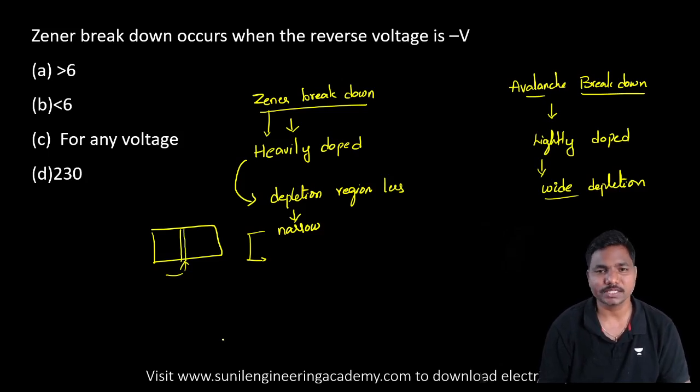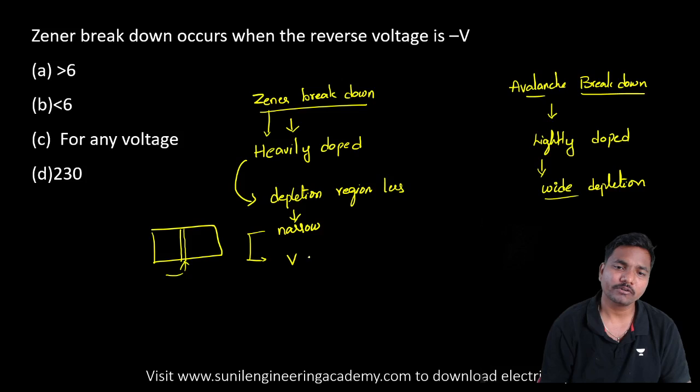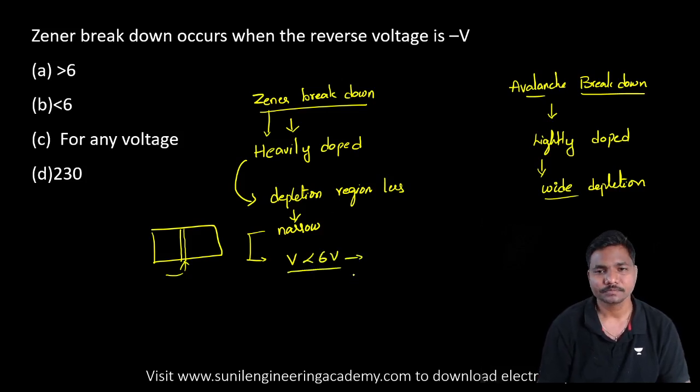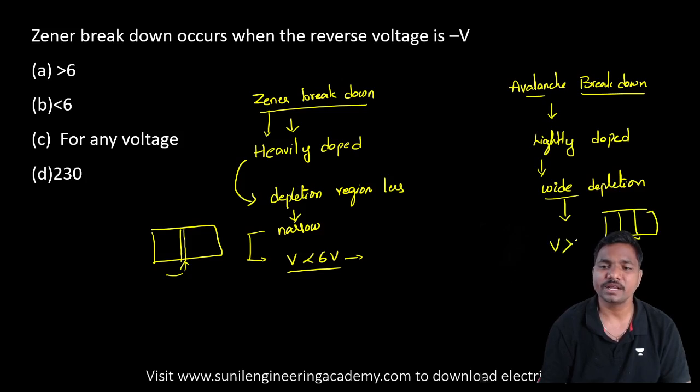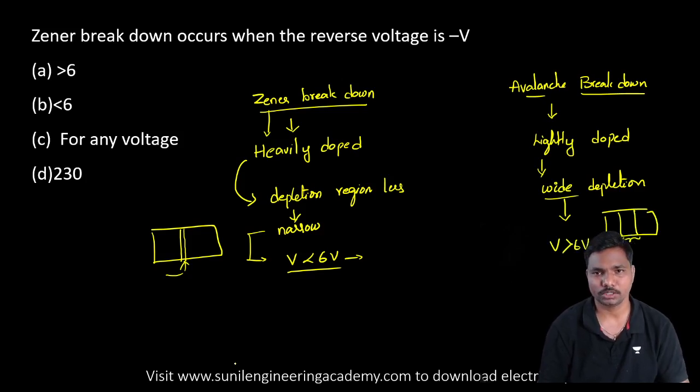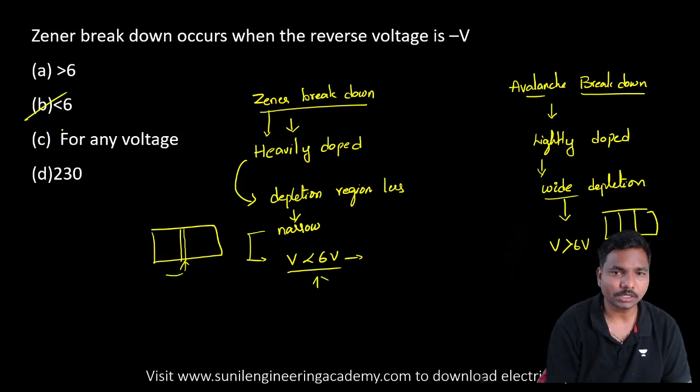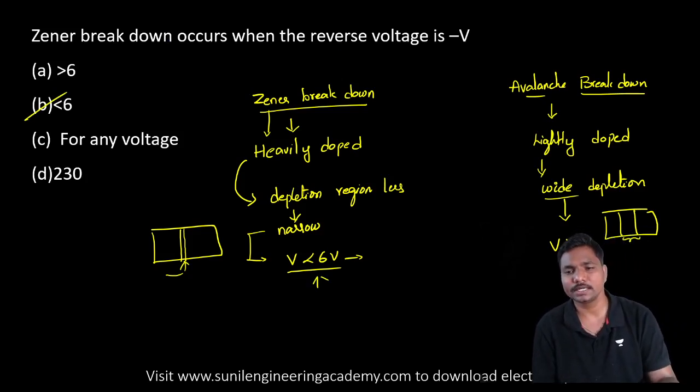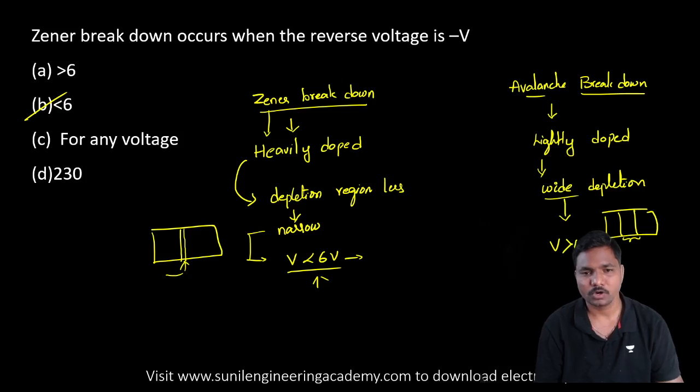A very small voltage is enough. So whenever the voltage is less than 6 volt, it can break the junction. But if it is a wide depletion region, then we have to apply more voltage. So it happens whenever the voltage is greater than 6 volt. So Zener breakdown occurs at less than 6 volt. Avalanche breakdown occurs at greater than 6 volt.